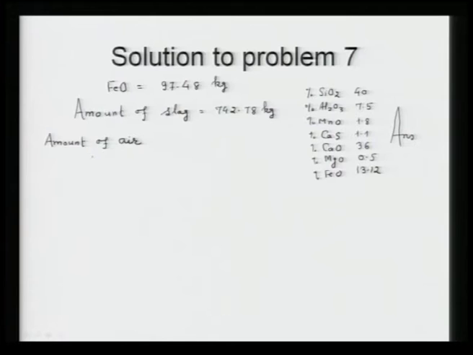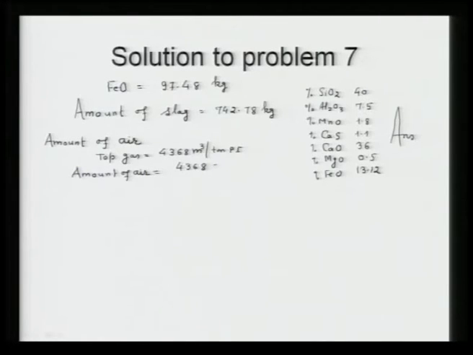The amount of top gas is given, that is 4368 meter cube per ton of pig iron. So, from here we can calculate amount of air, because nitrogen is given. Nitrogen of air will straight away go into the top gas, because it is inert, it does not react. So, from the nitrogen balance one can calculate the amount of air, of course, by properly converting into kg moles and so on.